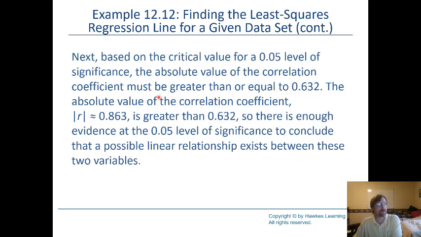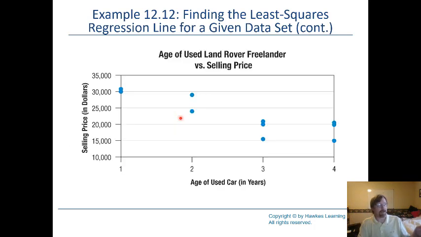So we've got a 0.863 for an absolute value. It's greater than 0.632, so there is statistically good evidence for a possible linear relationship between these two. Okay, so now I can go back and look at my results.